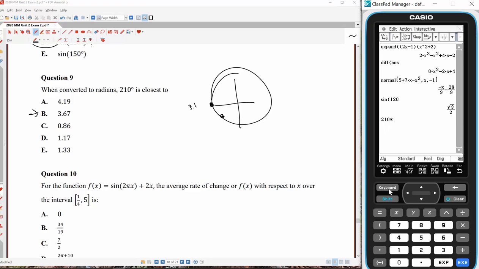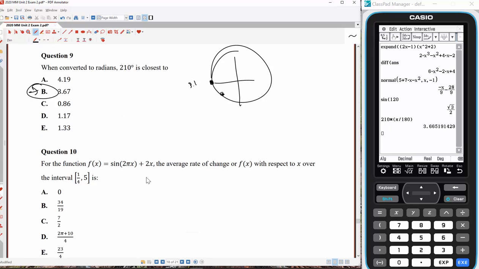Shift. I never remember which way to do it, but I know the answer is going to be roughly 3.6, I think. I don't know whether I've got this right, but let's just see. There it is there.